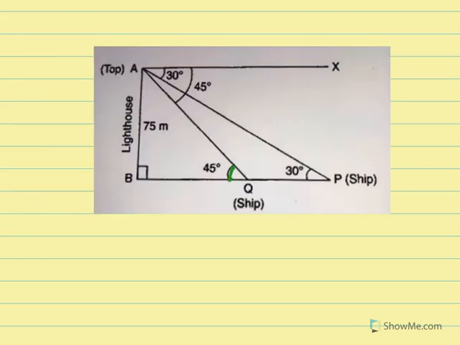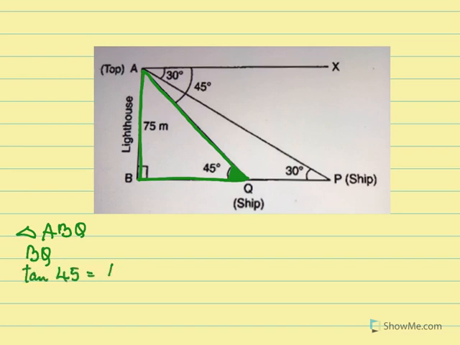So to summarize the sum, first we took 45, and with the help of 45 and the triangle ABQ we found BQ. How did we find BQ? Of course, this was the perpendicular. You did tan 45 equal to AB over BQ, and you found BQ. Then you took up 30.